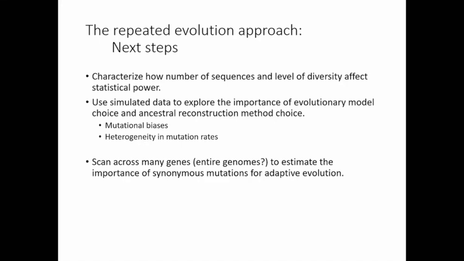Maybe we can look at different types of genes, focusing on, say, housekeeping genes, or genes involved in more specialized functions, and perhaps there are some expectations about where we might expect synonymous mutations to be more important versus not. So we're thinking about that and trying to refine our hypotheses there.